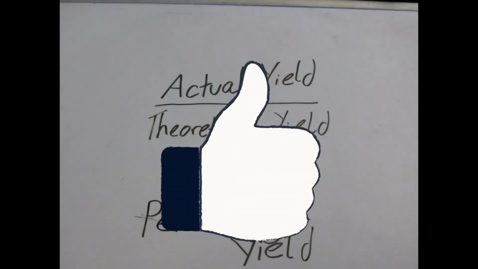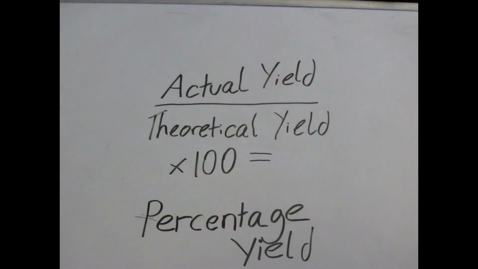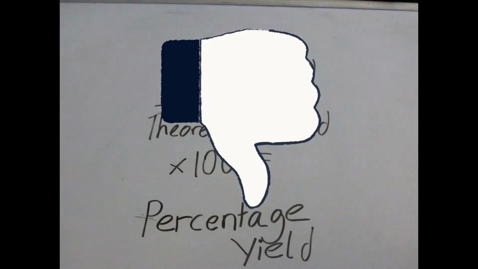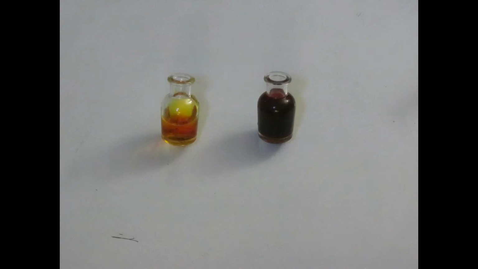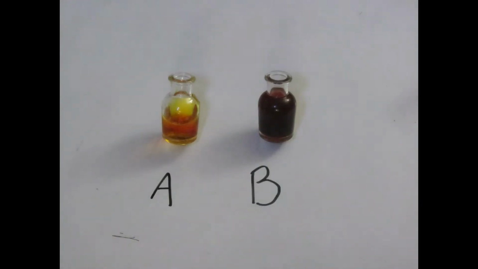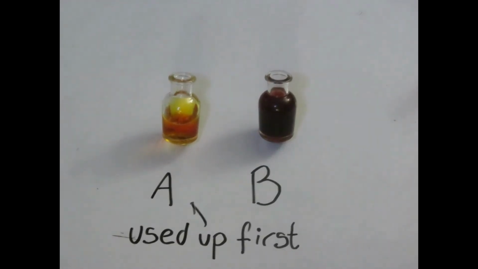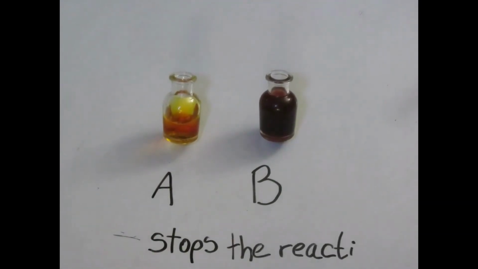That means we get more of the desired product. A low percentage yield means that it's not what we want. In industry, we can use a limiting reagent. If we have reactant A and reactant B, reactant A is purposely not in excess, so that it's used up first, which stops the reaction from continuing.